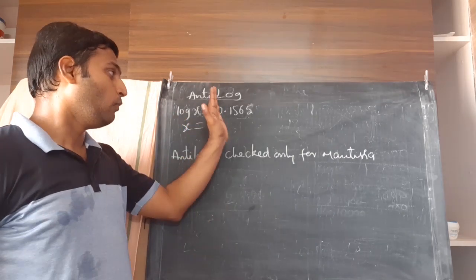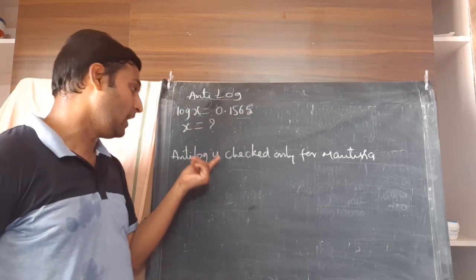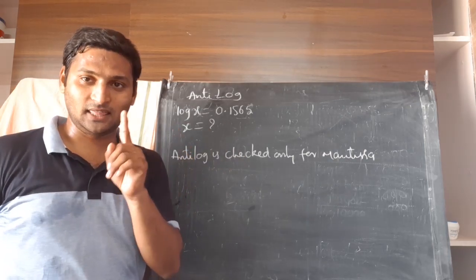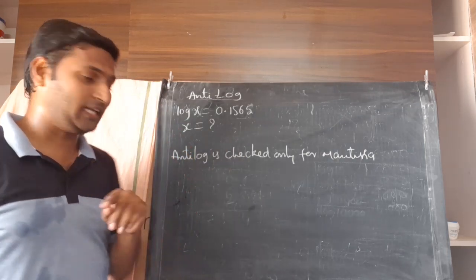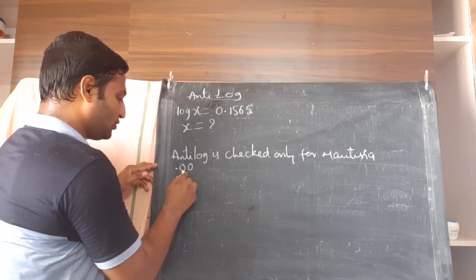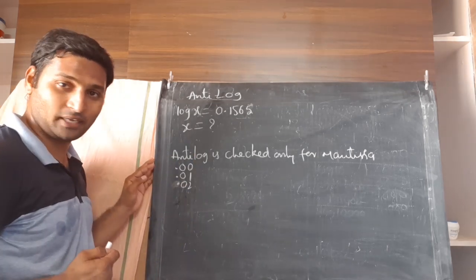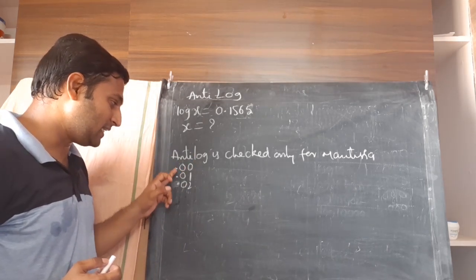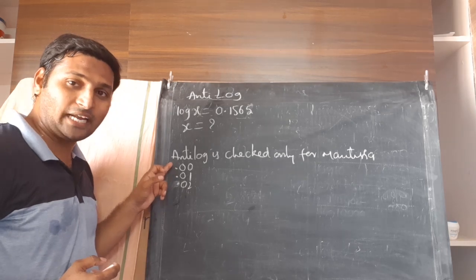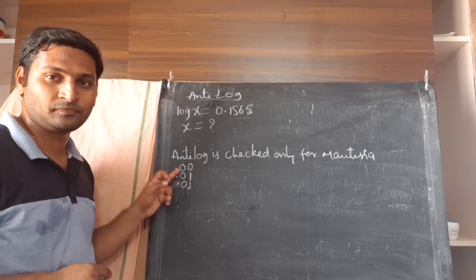But here, whichever digits are present after the decimal, only those digits should be taken for checking anti-log. That's why if you see your anti-log table, the left extreme column starts like this: 0.00, 0.01, 0.02 and so on. That means you are checking mantissas, decimal values, values less than 1.